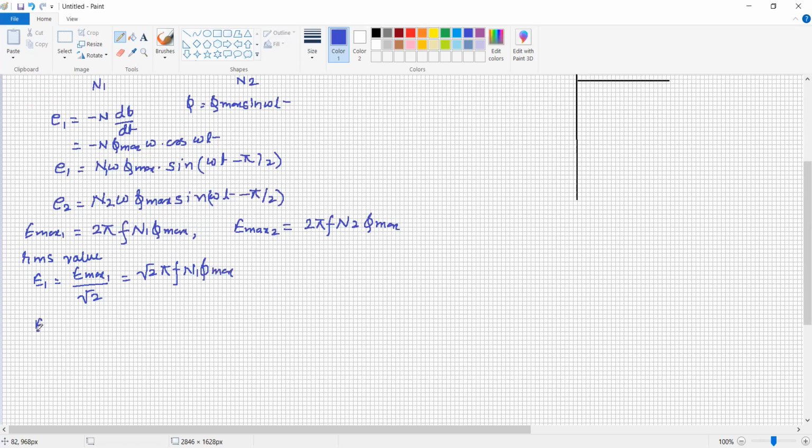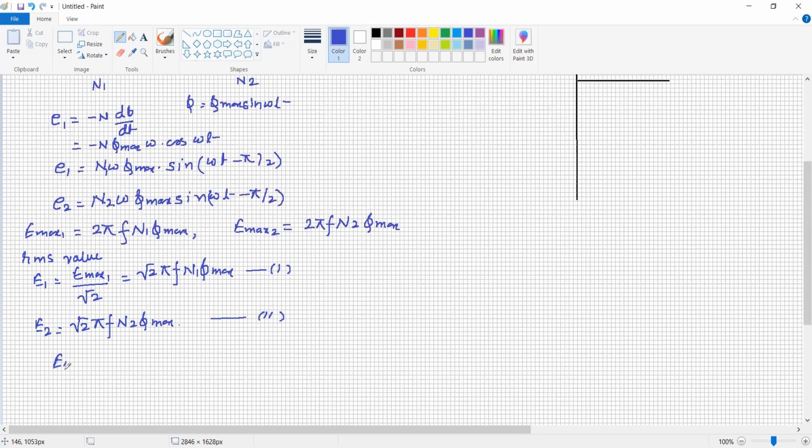Similarly, E2 is equal to root 2 pi f N2 phi maximum. Say these are equation number 1 and equation number 2.